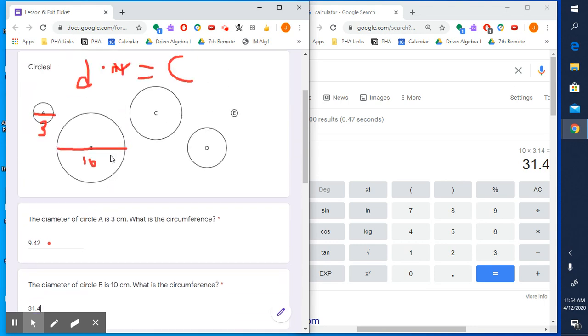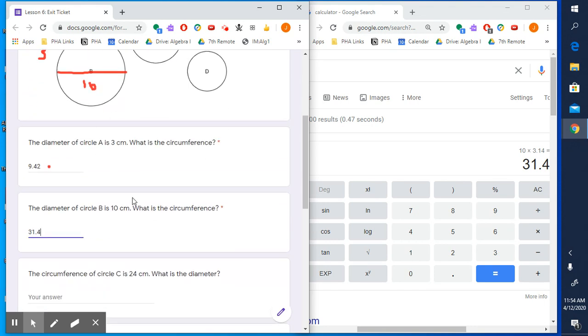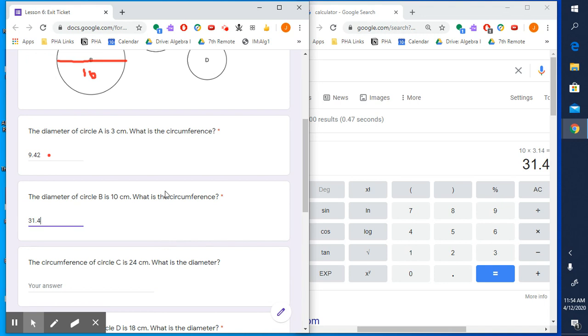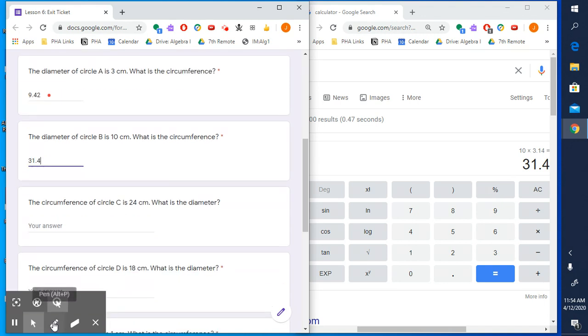All right, the circumference of circle C is 24 centimeters. What's the diameter? Well, let's set up the equation really quick. Let's do it in green for fun. So the diameter times pi is equal to 24.